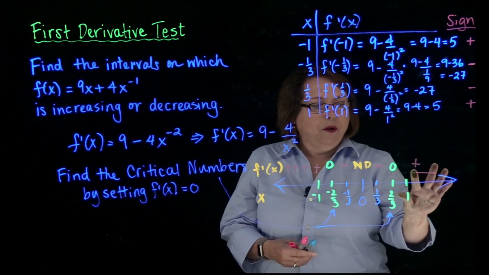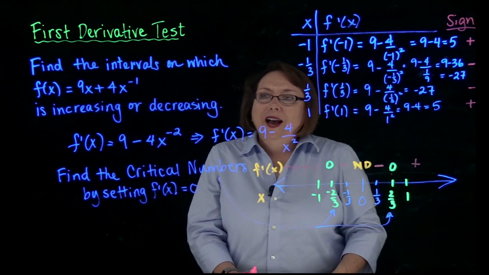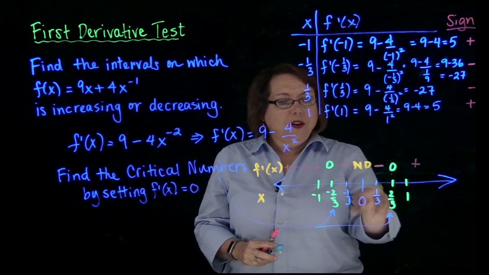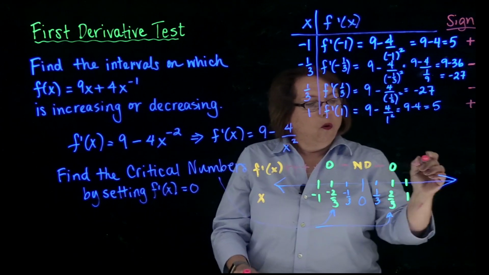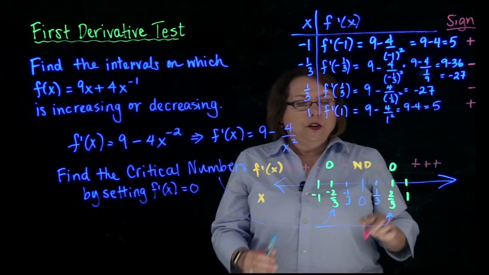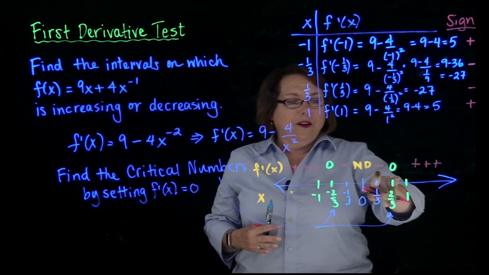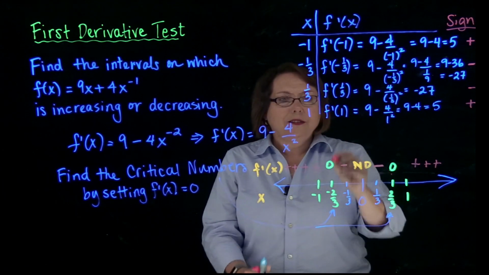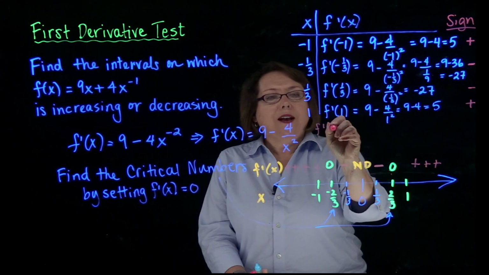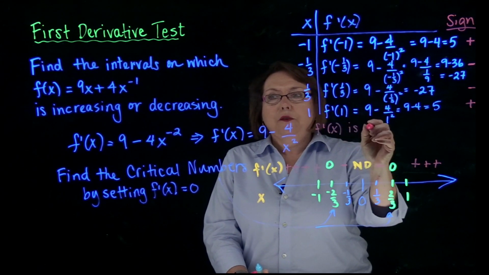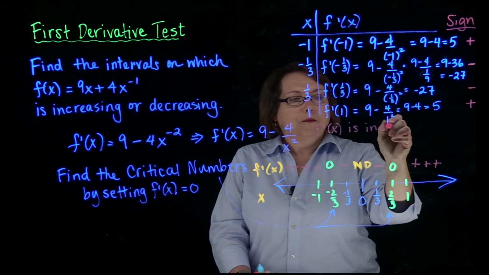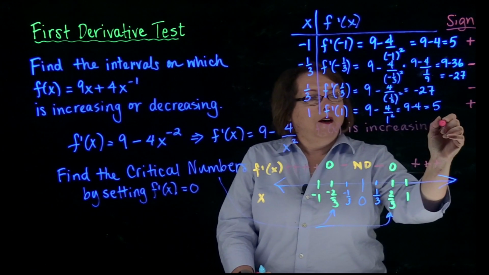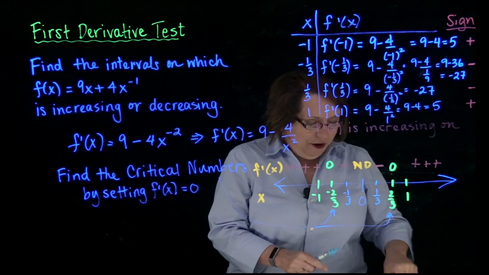All right, so now what do we have left? We have to find the intervals on which this function is increasing or decreasing. So you can see we have 4 areas here. For the first one, we can write it like this, that f prime of x is increasing on, let me get a different marker.